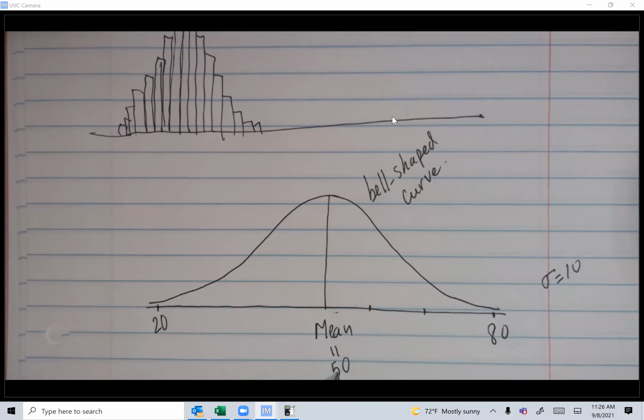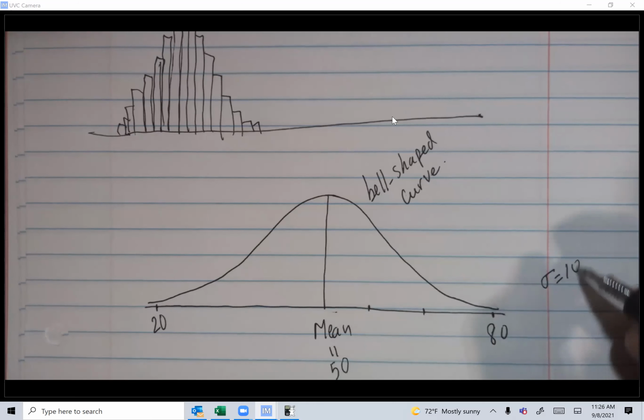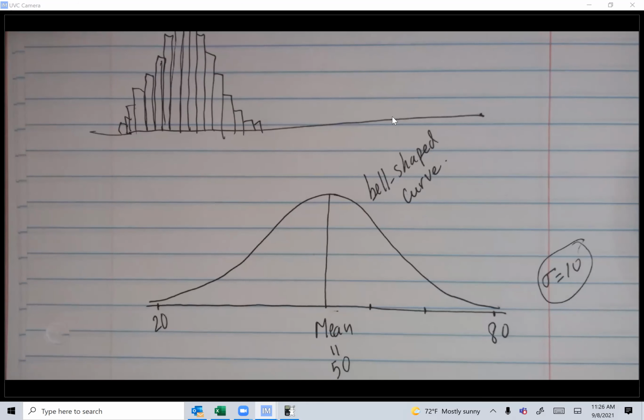I told you that the mean is 50 and the standard deviation is 10. Where did I come up with those 3 tick marks that got me to 80? Think about it, guys. What do you think? No answers?